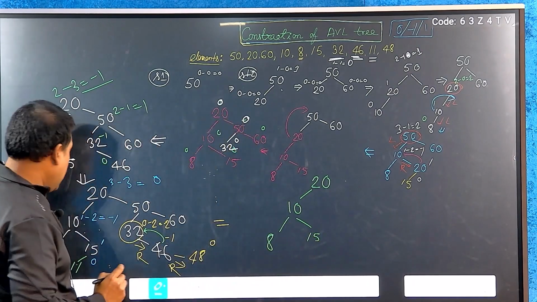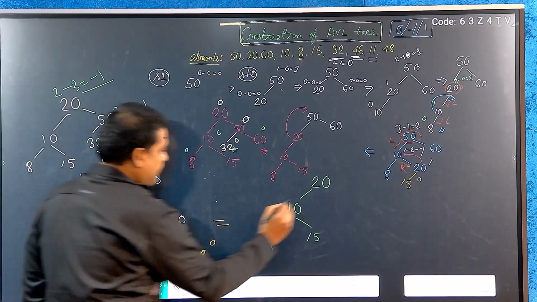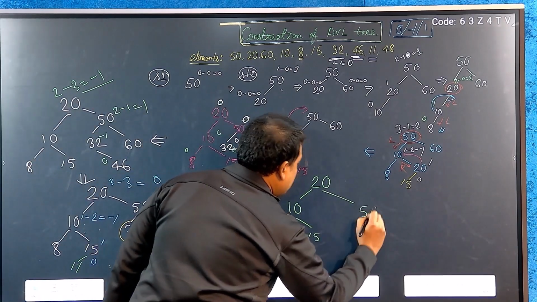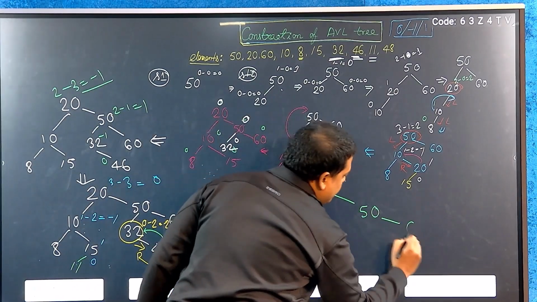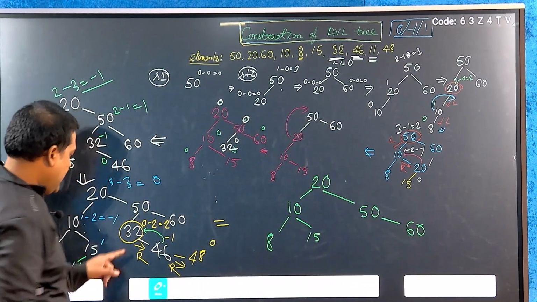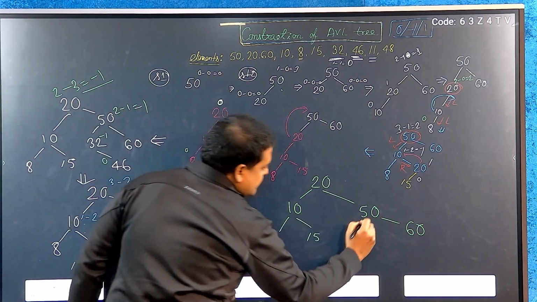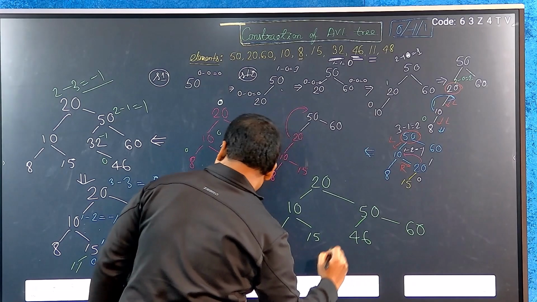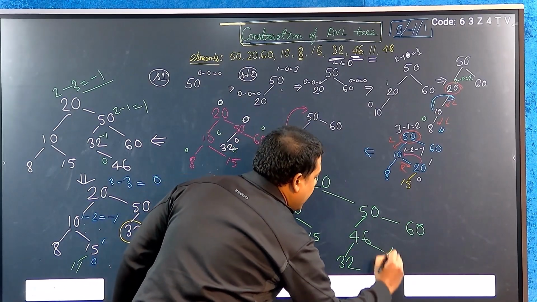On the right side it is 50, then 60 is its right, and 46 will be up, 32 will be down. So, 46 is up, 32 is down, and 48 is here.